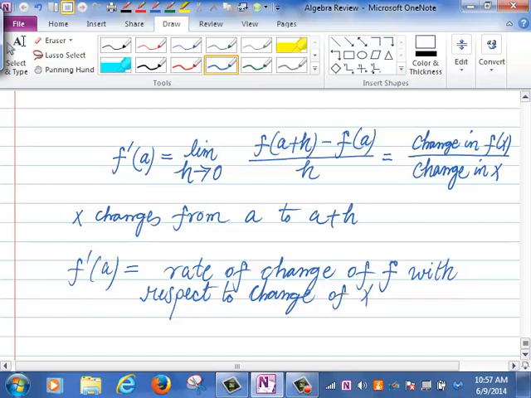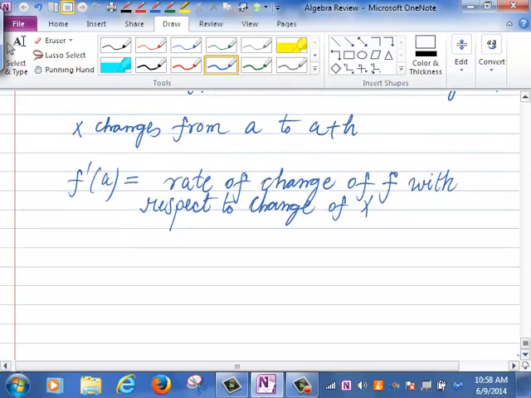What kind of rate is that? It's the instantaneous rate, right? It is the instantaneous rate of change of f with respect to change of x. Is that making sense? Because you're dividing the change of f by the change of x, right? So you get the rate of change of f with respect to change of x. In other words, think about this. If f of x is giving you the distance function for a moving object, then the derivative will give you what?